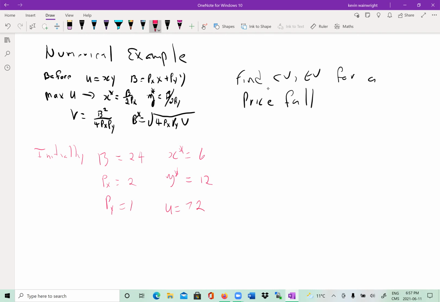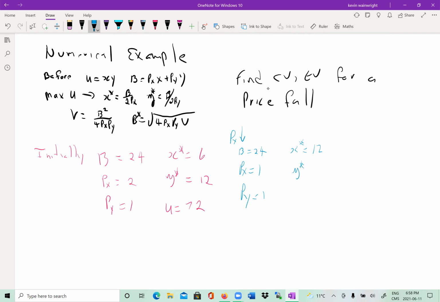Okay. Now, I'm going to have the price of X fall. So B is still 24. Price of X is now 1, and the price of Y is now equal to 1. X star is 12.